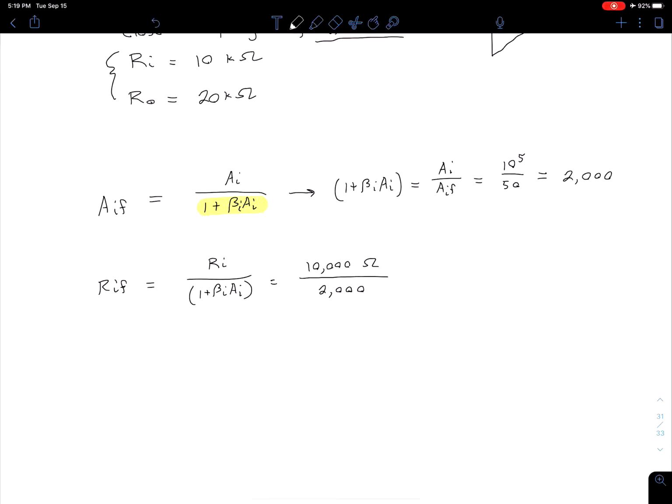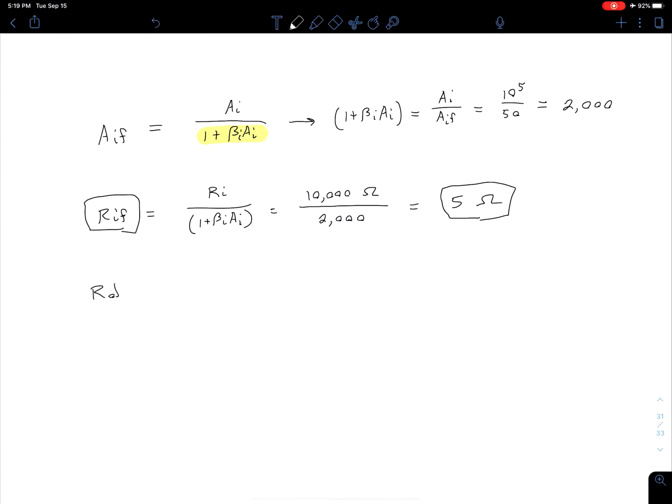Note, I've gone back to using base units in ohms as opposed to leaving that in K. We could have done that either way. If we left it 10K, our answer would be in kilo ohms. But in this case, it makes more sense because we get a value of only 5. So we have 5 ohms for our input resistance to that feedback amplifier.